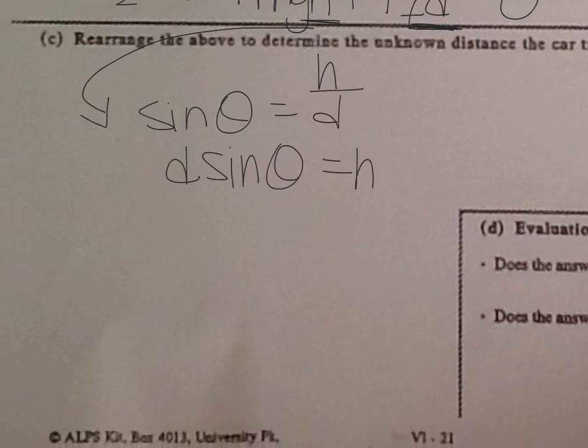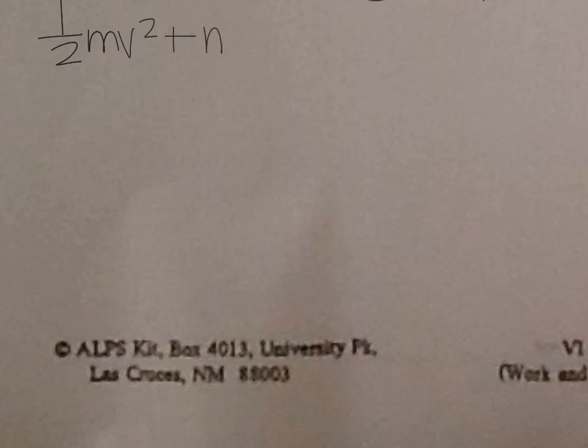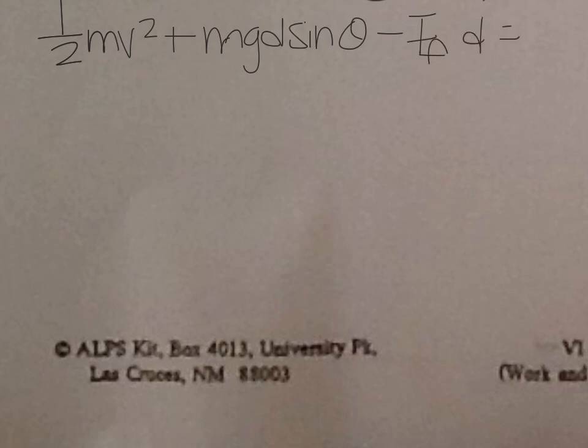Now that we know h in terms of d, we can rewrite the equation as 1/2 mv squared plus mgd sine theta minus force of friction times the distance equals 0.